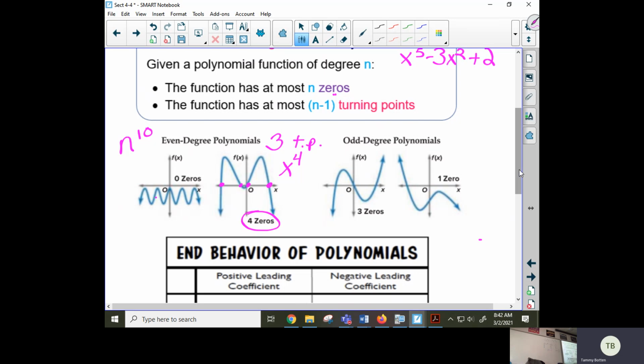Now, even polynomials. We have to talk about this. An even polynomial is one where the highest power of your variable, that degree, is even. And this is super important. When that is even, whatever direction your graph is going on the right side is what direction it's going to go on the left side.